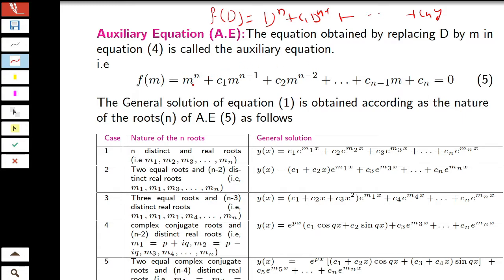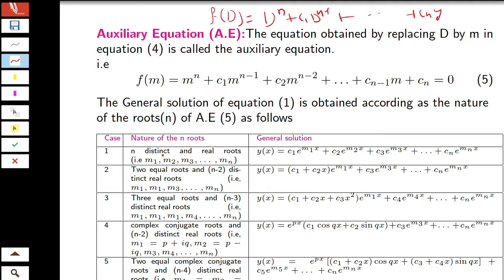So this is a polynomial of degree n in terms of m. The general solution of equation 1 is obtained according to the nature of the roots. Equation 5 represents a polynomial of degree n, so you are going to get n roots. Depending upon the roots we write the solution.